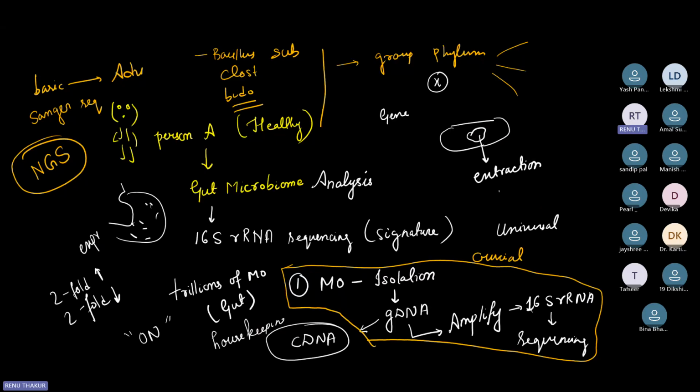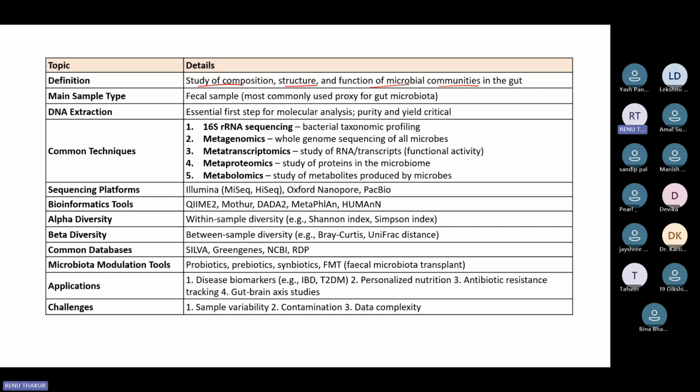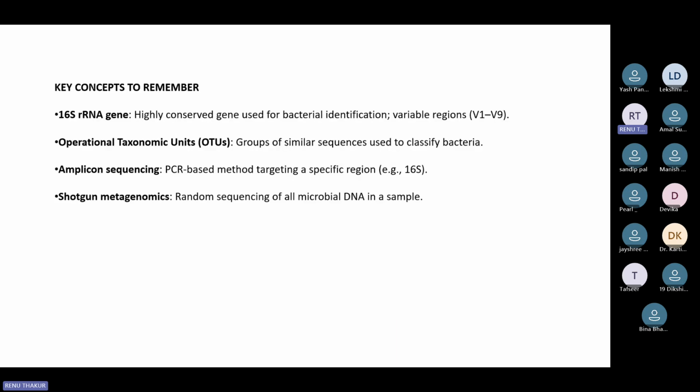Now see, before going directly to next generation sequencing, you should know about Sanger sequencing. I want a clear page, so I have taken this slide. Okay, so we have space here, we can understand here. So firstly, Sanger sequencing was done.